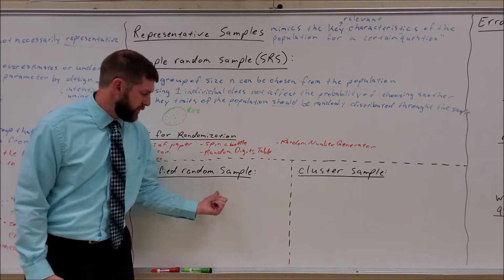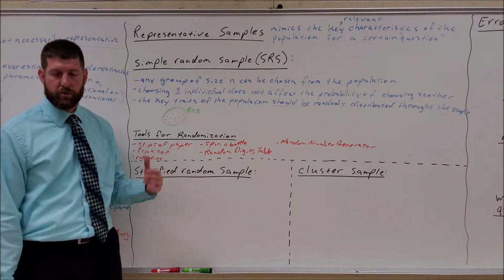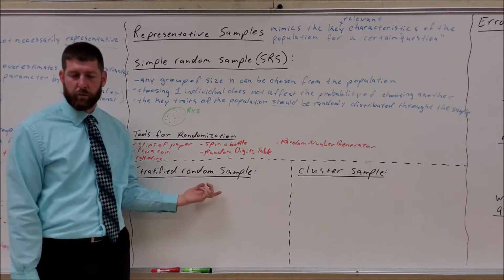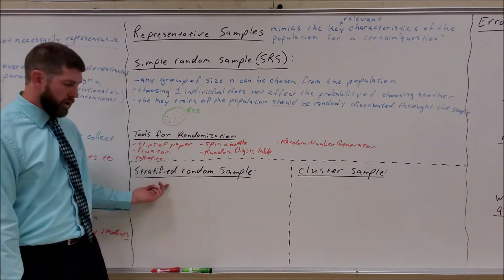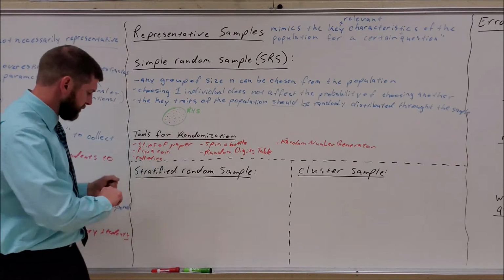So one of the things we can use is what's called a stratified random sample. Stratified, so strata meaning like layers or levels. Okay, so we're still gonna have some type of randomness in there, but we're gonna stratify the population first.